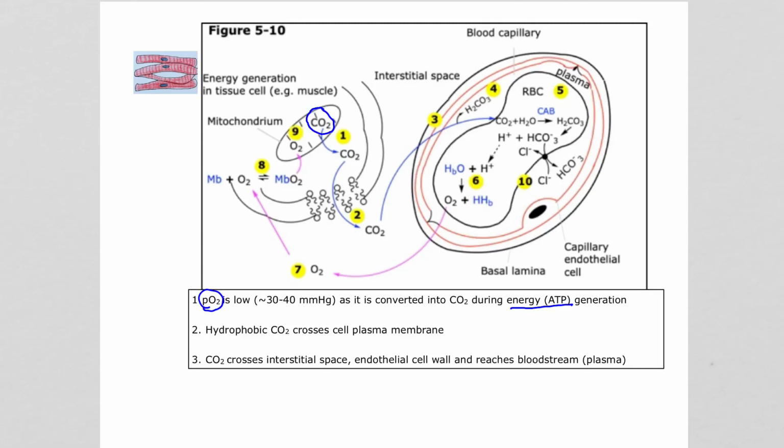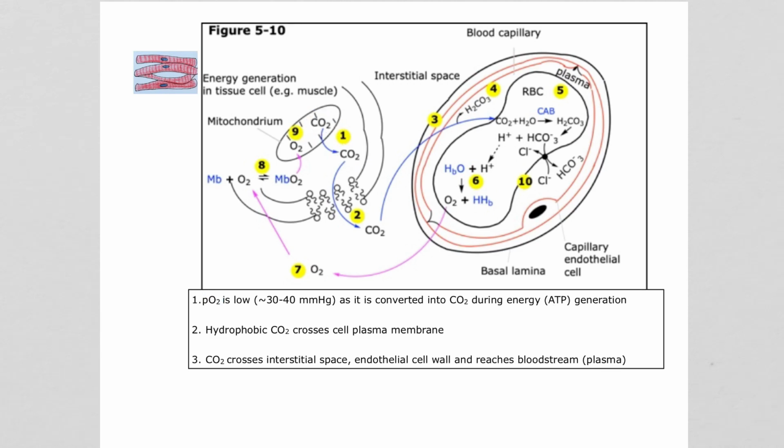As we mentioned in previous videos, energy generation happens all the time. Tissues do not store ATP, so the tissues such as muscles have to continuously generate energy, which means they are continuously generating carbon dioxide.